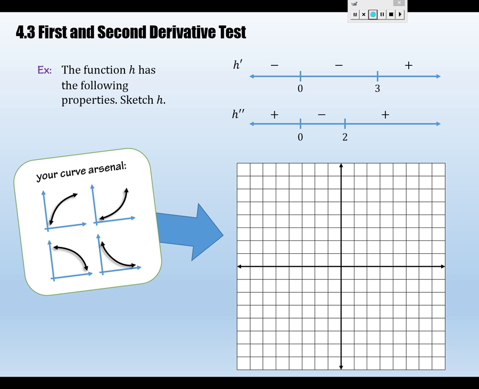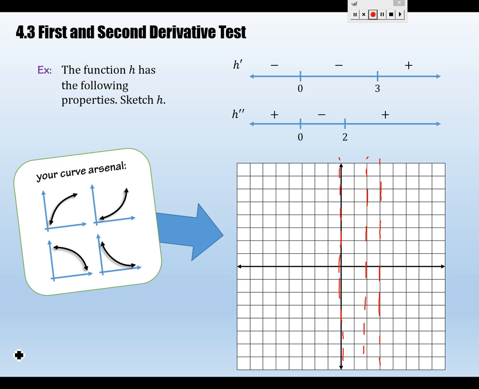All right, so let's see if we can graph this here. I'm going to do the same thing I did before. I got 0, I got 2, I got 3, and now I'm going to figure out what this looks like in each interval.